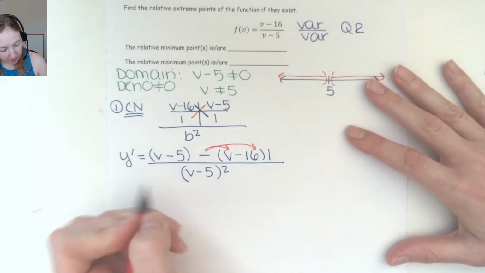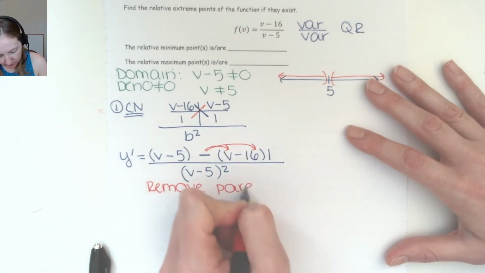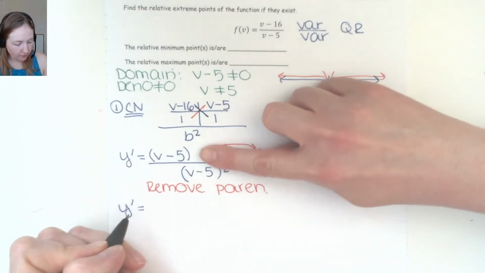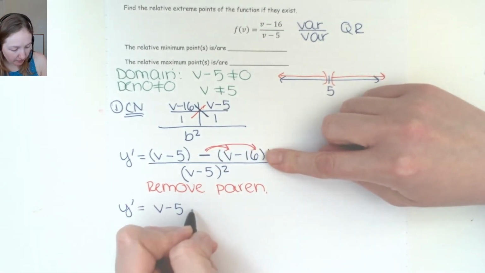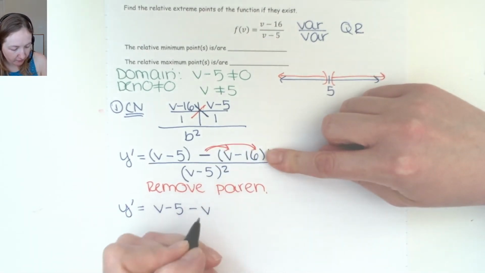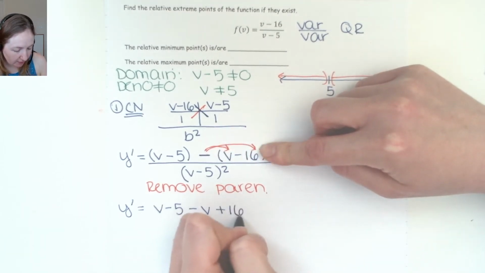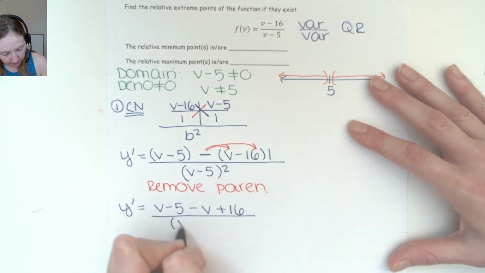All right, so to simplify this, we're going to remove our parentheses. So that gives us, for this first set of parentheses, nothing to distribute. Second set of parentheses, we have minus v, and then the negative times negative gives us a positive 16, all over v minus 5 squared.